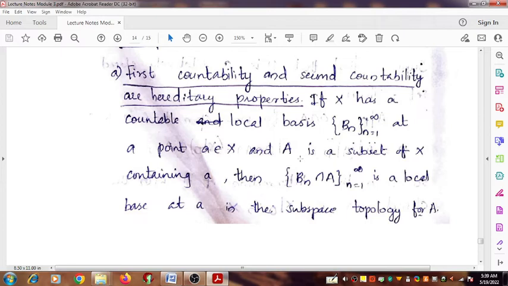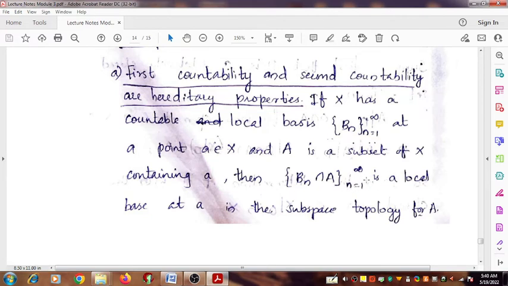Then we take the intersection of all the members of the local basis with the subspace A. B1, B2, B3, and so on are the members of this local basis, and by intersecting them with A we obtain a new collection: B1 intersection A, B2 intersection A, B3 intersection A, and in general, the collection Bn intersection A, as n varies from 1 to infinity.